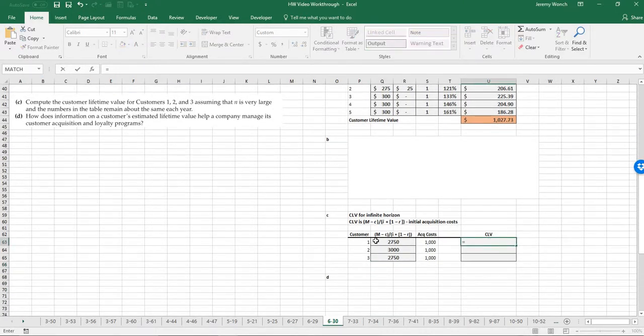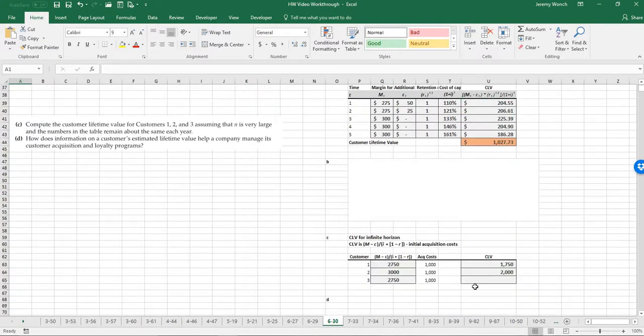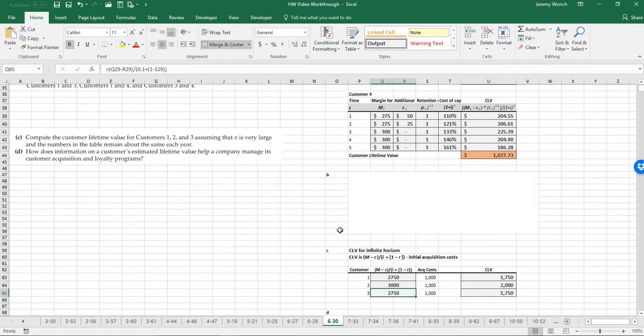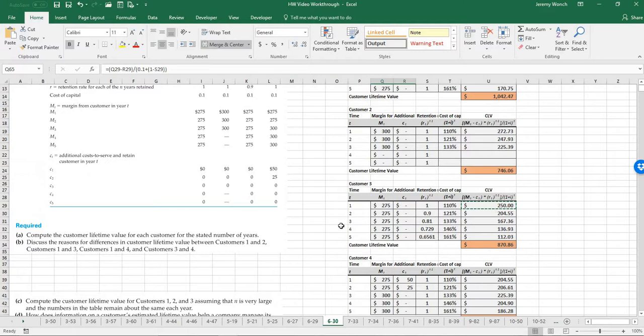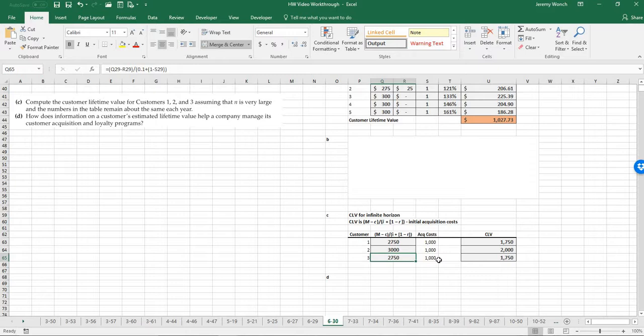Alright, so in this one we want to subtract out the initial acquisition cost. Oops. Let's see. Oh, I think I used the wrong information. Wrong line for customer 3. I did.